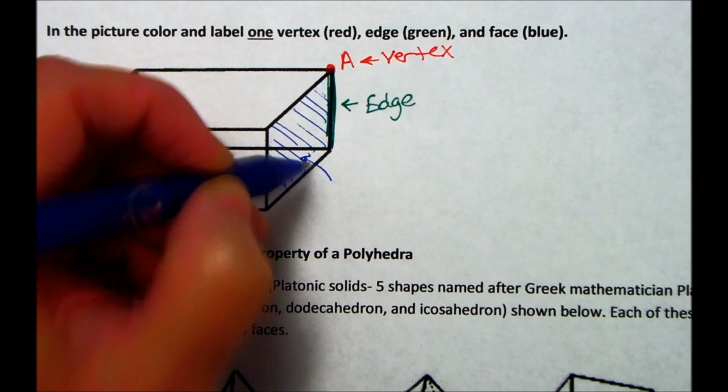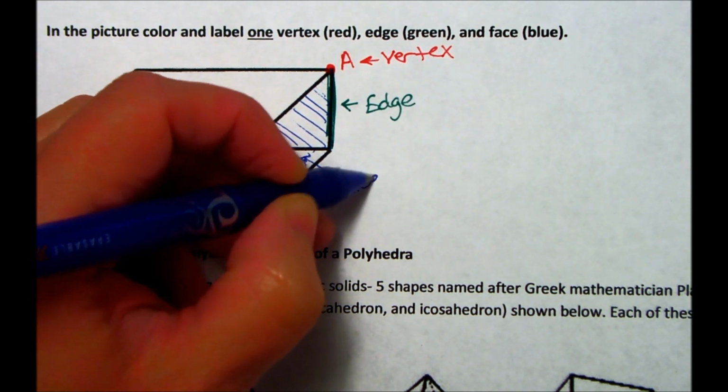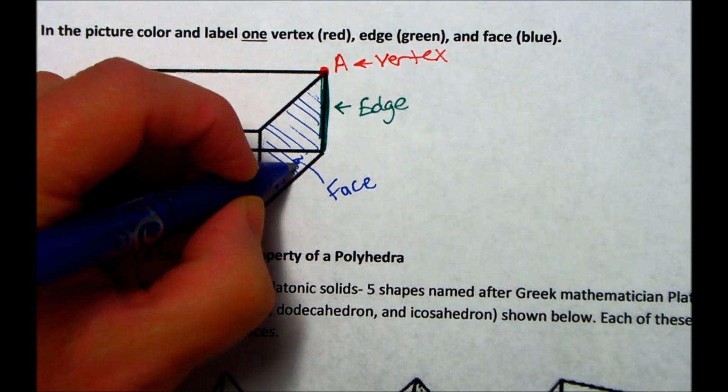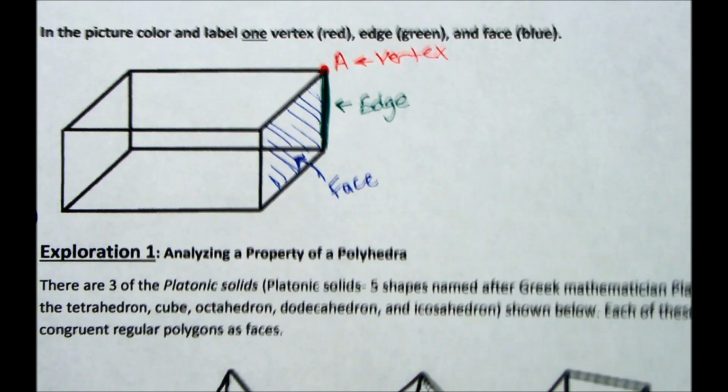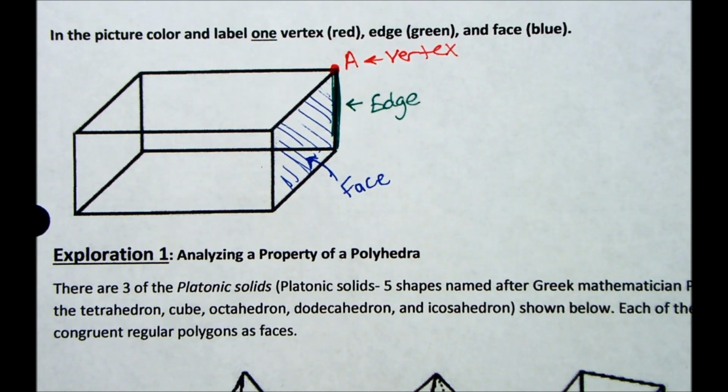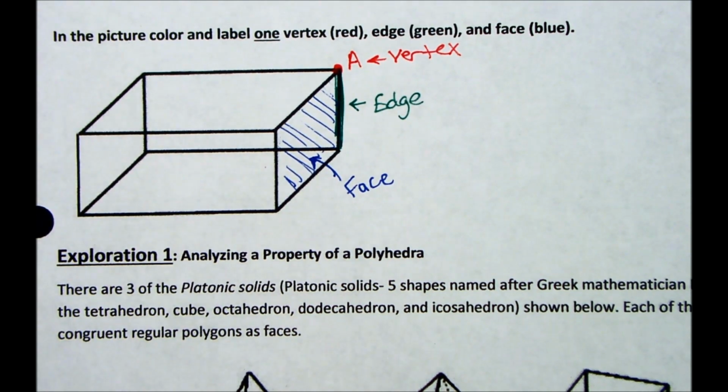And this is what we call a face. All right, and that's a polyhedron, or a 3-dimensional solid. This is actually a right prism, or rectangular prism, all above.